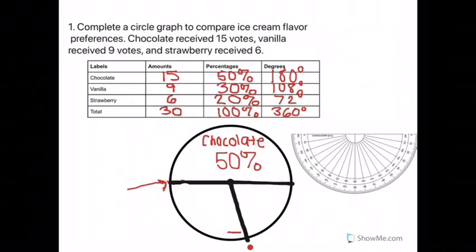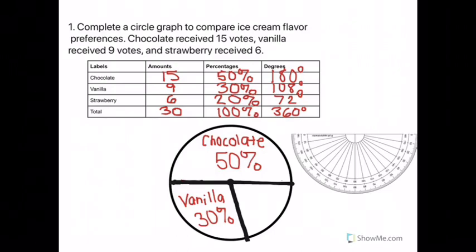And now in this sector, we need to write vanilla 30%. So the vanilla flavor of my ice cream received 30% of the votes.